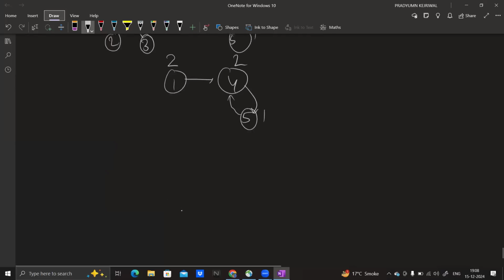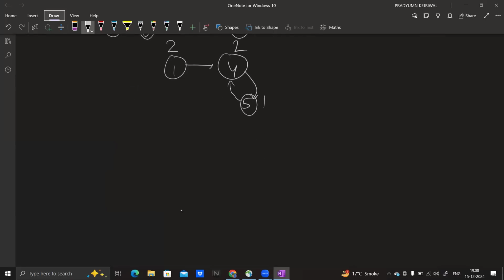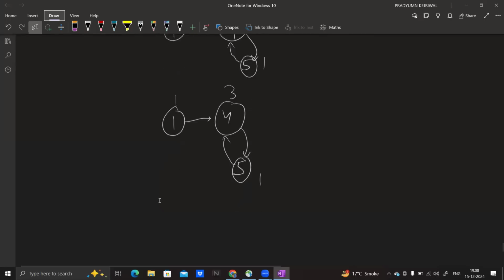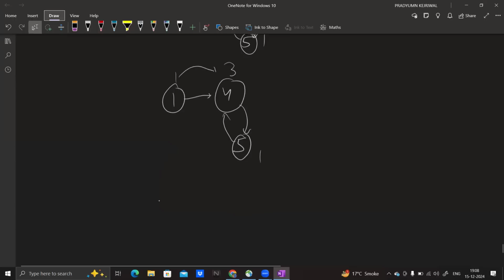Then after the second year, no one is there to give to 1. So 1 will be left with 1 because it gives 1 to 4. 4 will have 3, and 5 will have 1. Then in the next year, this 1 goes to 4.